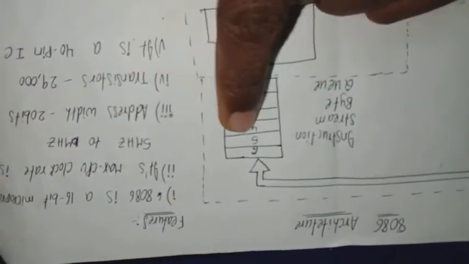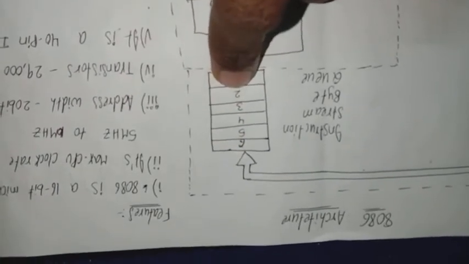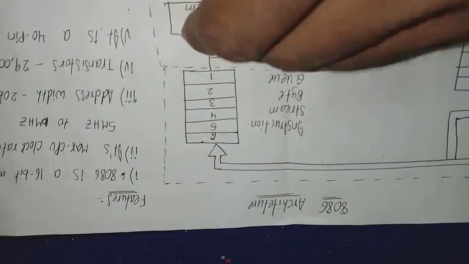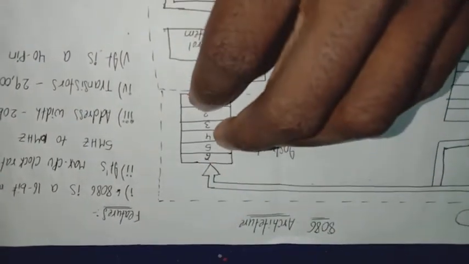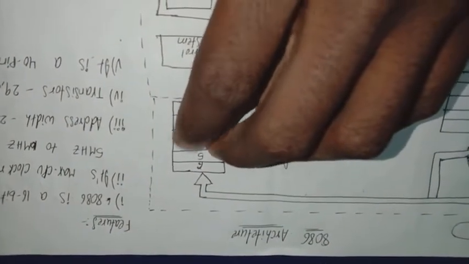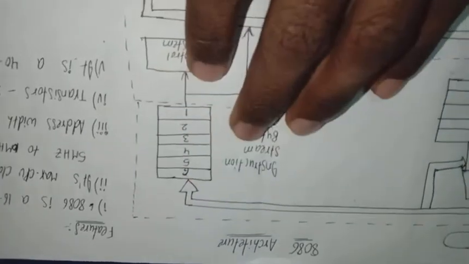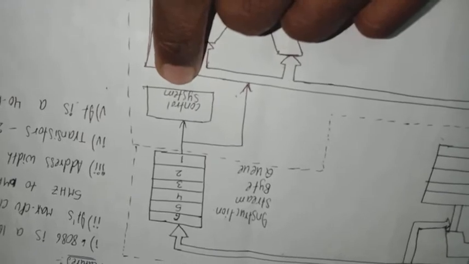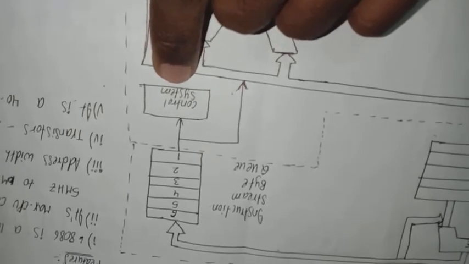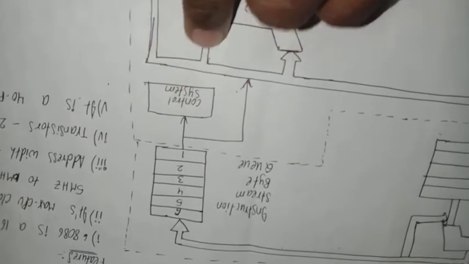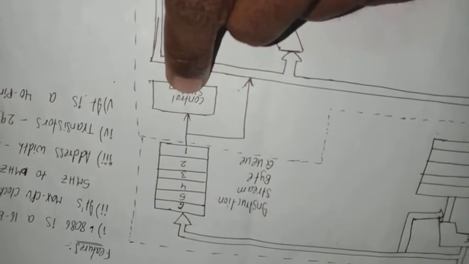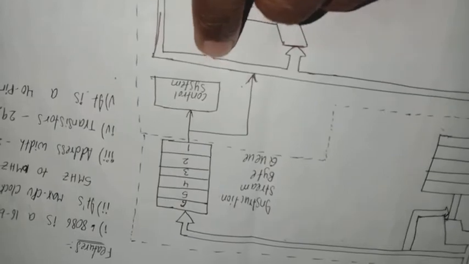And this is, as I said before, the queue which stores the instructions earlier, so that the instruction will be executed fast. And this control system decodes the instruction and tells the ALU what to do, or what the function should be from that instruction.